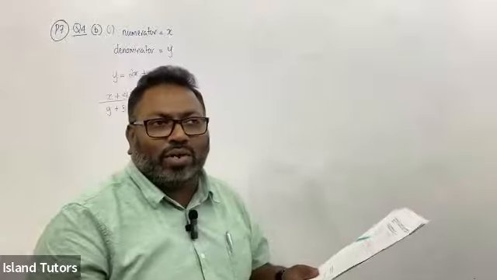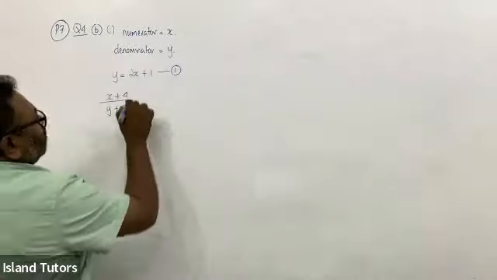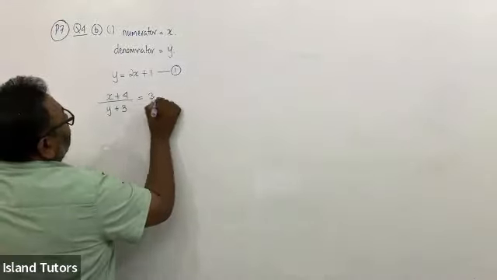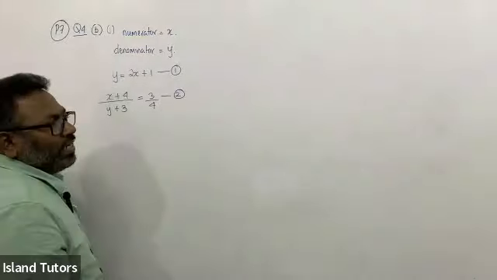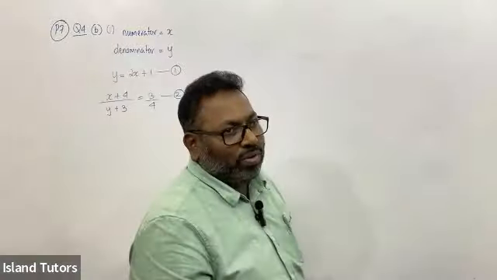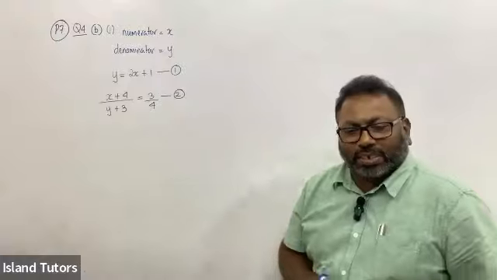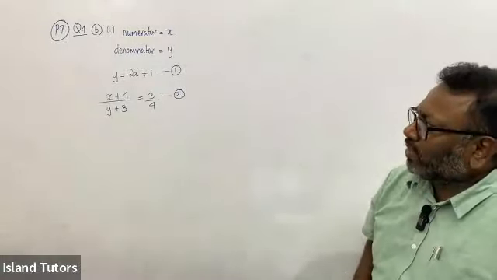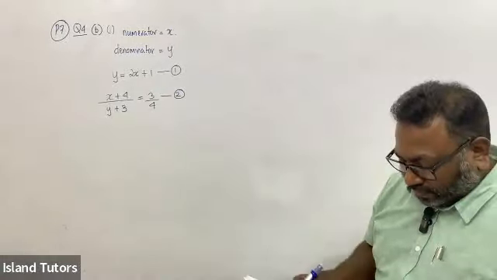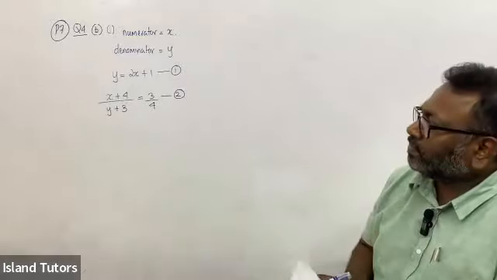It is equal to 3/4. So (x plus 4) over (y plus 3) is equal to 3 over 4, which is your second equation. Alright. So these are the two things that they want you to write down first. They want you to write the two equations. That's the first one.